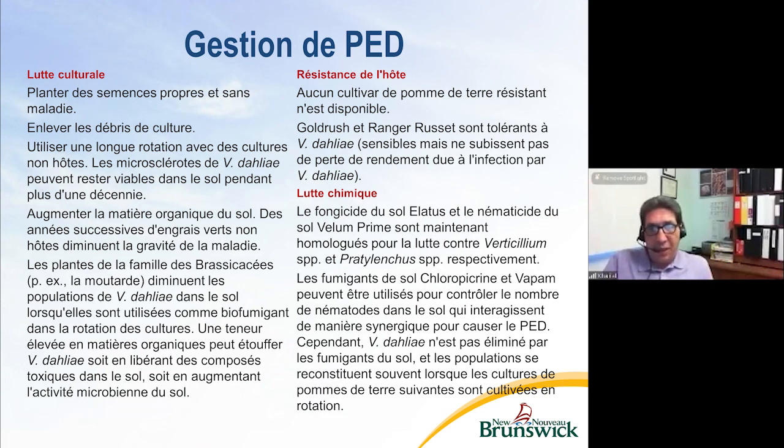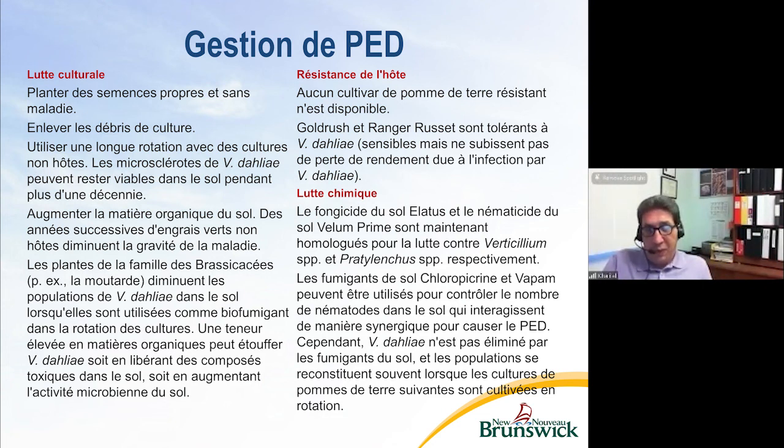And finally, chemical control, as I showed, like the fungicide Elatus and the nematicide Velum Prime are important. They do work. We have them available in Canada, and chloropicrin and VPAM do work. However, they do reduce the potato early dying symptoms.